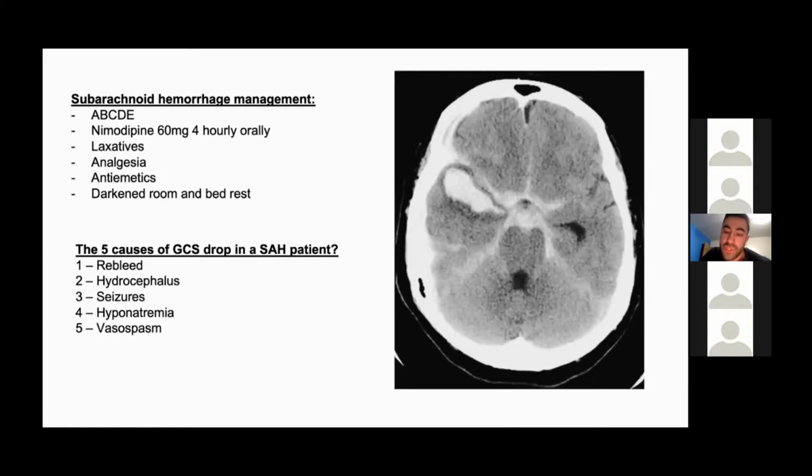This is why we treat these patients aggressively. Hydrocephalus developing because of the blood in the CSF causing impairment in CSF flow or CSF reabsorption. Seizures, either because of the hematoma that can sometimes occur with subarachnoid, or just because of the irritant effect of blood itself on the brain. Hyponatremia. Subarachnoid hemorrhage patients very commonly get hyponatremia, so these patients often need daily bloods.